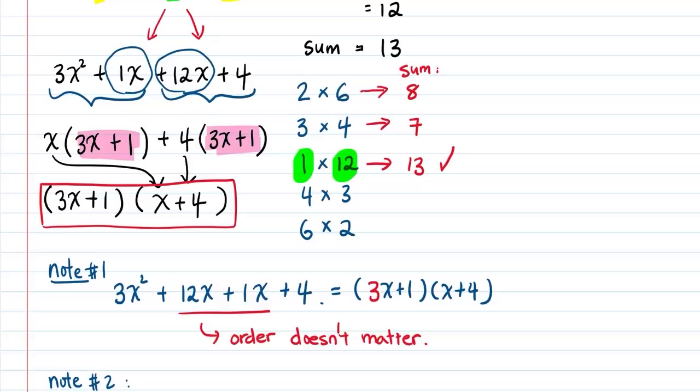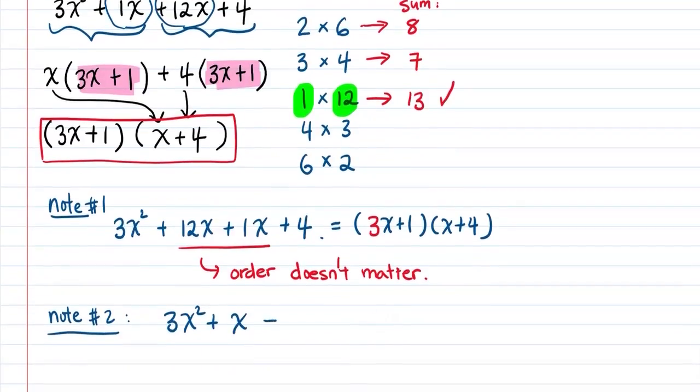For example, if you have 3x squared plus x and you're trying to factor out the common factor, some people write 3x and then that's it, but that's not the same thing as 3x plus 1 times x. If you actually write a number in front of the x, then it's obvious that the number 1 has to be added. So make sure you write 1 in front of the x just to be sure that you have the correct answer.